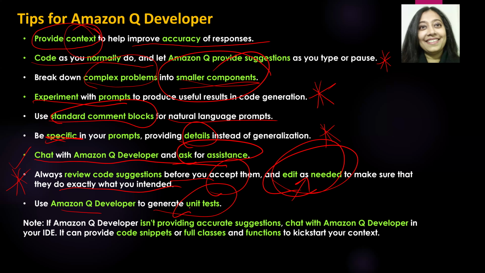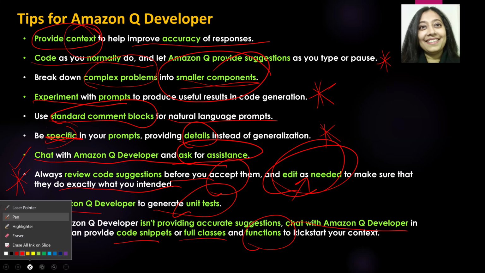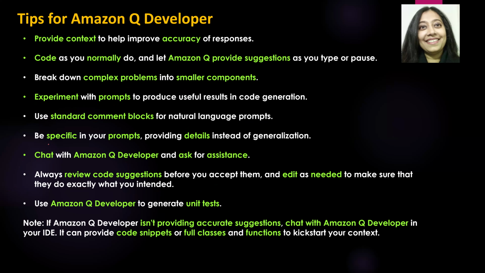So if Q is not providing you accurate suggestions, chat with this particular tool. And remember, it can give you code snippets, it can give you full classes, it can give you functions. But remember to be specific, right? It is very important for you to be specific in this case. Be specific, provide details, and provide the required context.